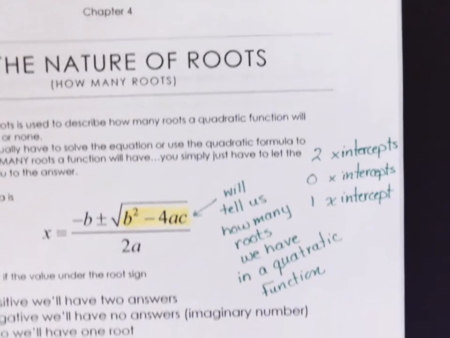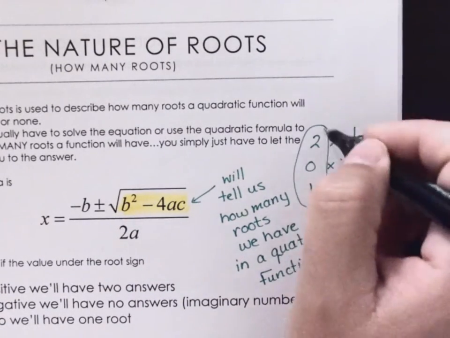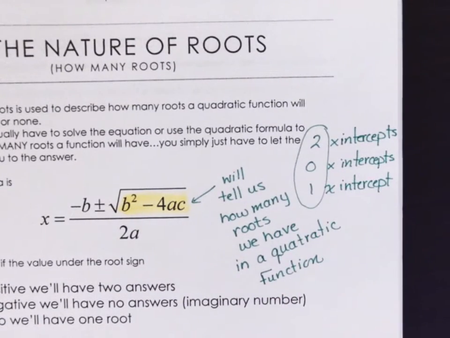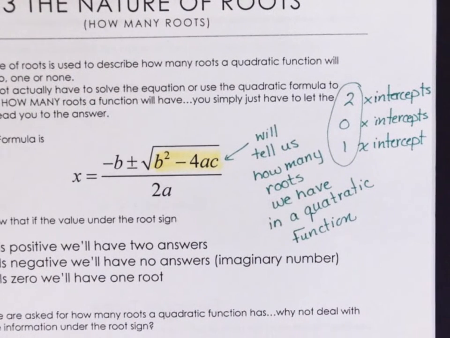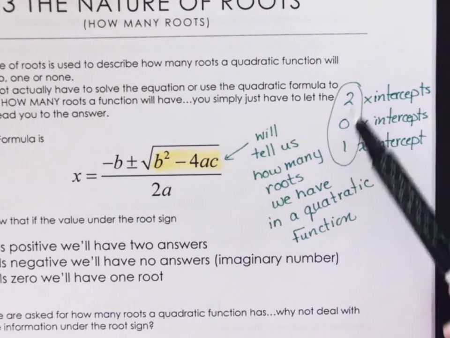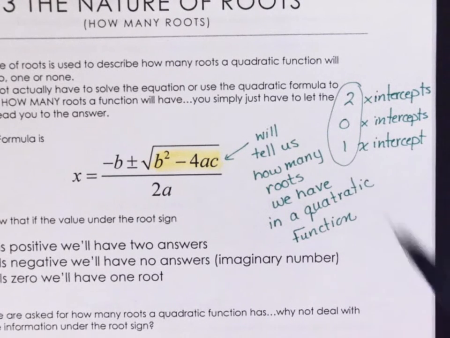So there's really only 3 options. You guys would agree? We could have 2, we could have 1, or we could have none, right? That's from chapter 3. So the discriminant, without graphing a vertex, without knowing if it opens up or down, can also tell us if it has 2, 0, or 1.